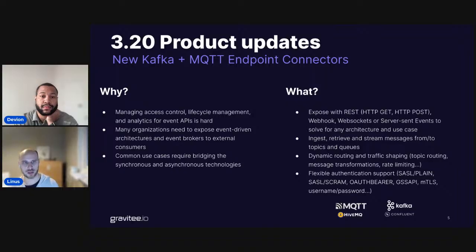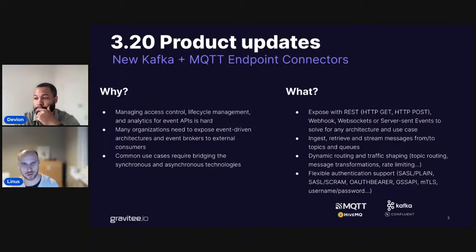And that's what we're trying to address with the event-native platform of Gravitee. A lot of those use cases, how you're exposing those services, include bridging between asynchronous and synchronous. So if you have a Kafka broker, an MQTT queue, or a Solace broker, whatever it might be, how can you make that available in a synchronous world using REST APIs, using webhooks, and so forth?